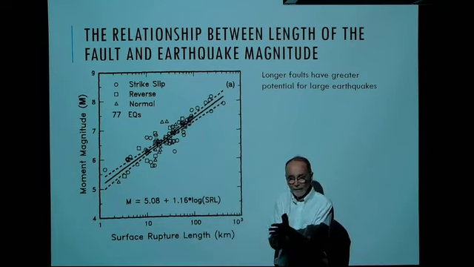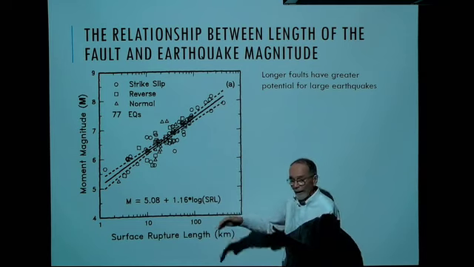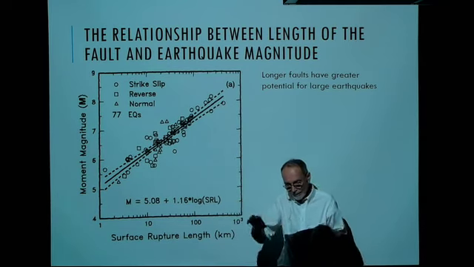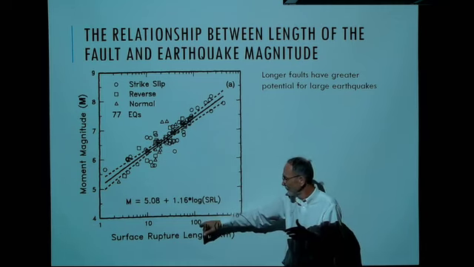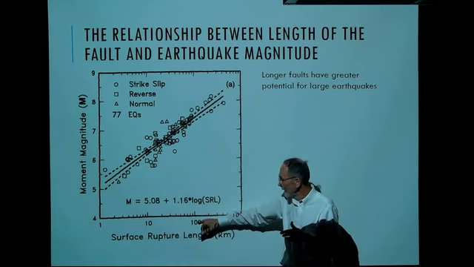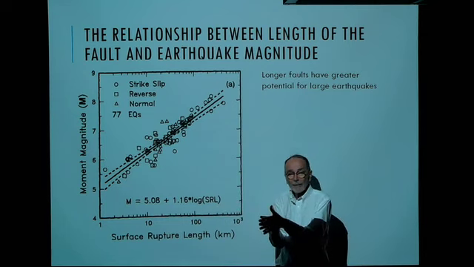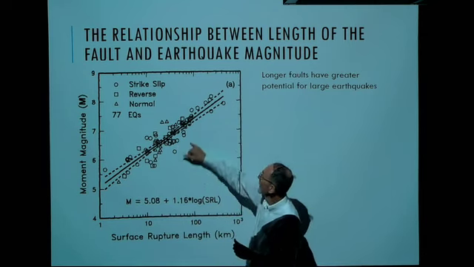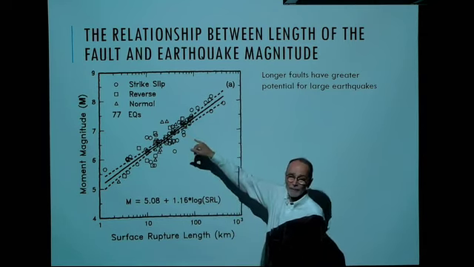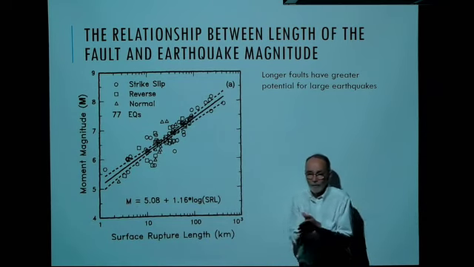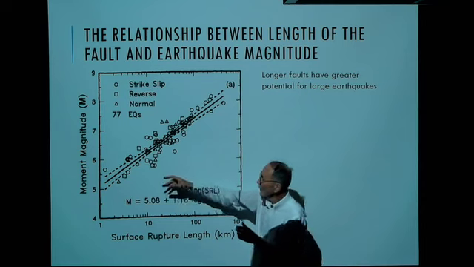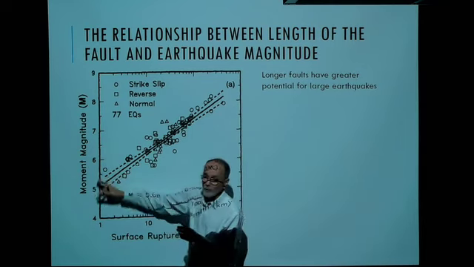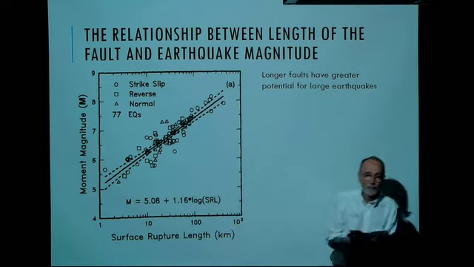The fault might move 6 centimeters, or maybe, say 50 feet, but it's doing it over 100 miles of length, and that might be an earthquake that's a 7. All right? So the length of the break is correlated to the strength of the earthquake. Does that make sense?